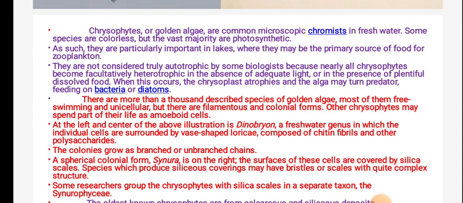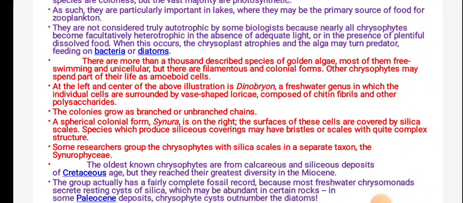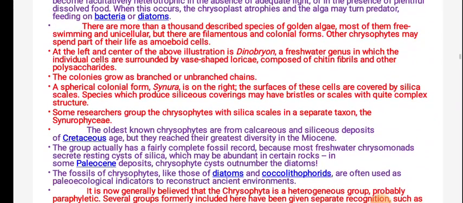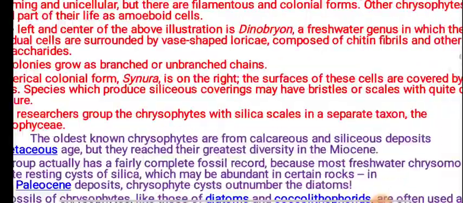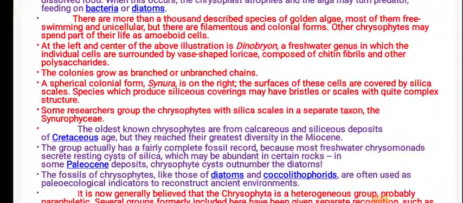Some dissolved food material is generally also required by them. So it is mainly used as a predator, right?